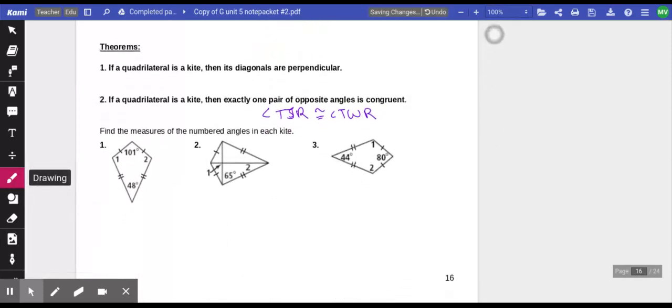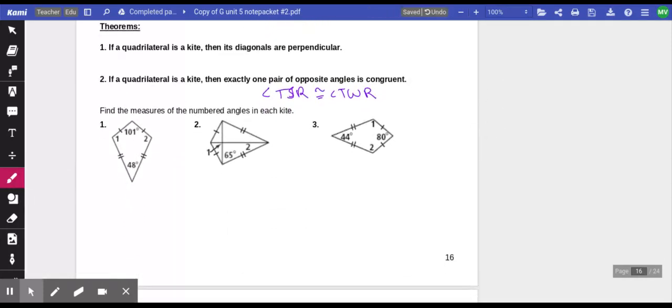So find the measures of the numbered angles. It's a quadrilateral. So quadrilaterals, the sum is 360. So I know in this shape, because 1 and 2 are in between my two pairs of congruent sides, those are congruent. So I'm going to call those both x. So that means x plus x plus 101 plus 48 equals 360.